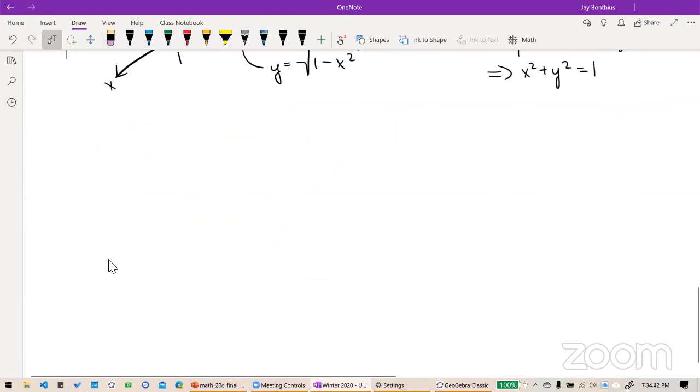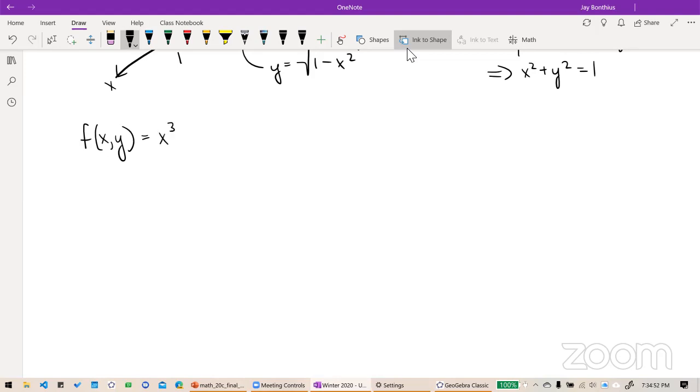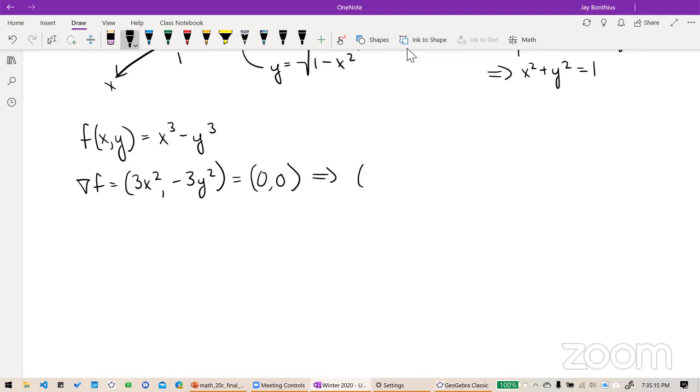Actually, I can come up with an example of one. Let's take f of x, y equals x cubed minus y cubed, and consider it at the origin, or just find its gradient. Set it equal to 0: 3x squared minus 3y squared, and you get x, y equals 0, 0.